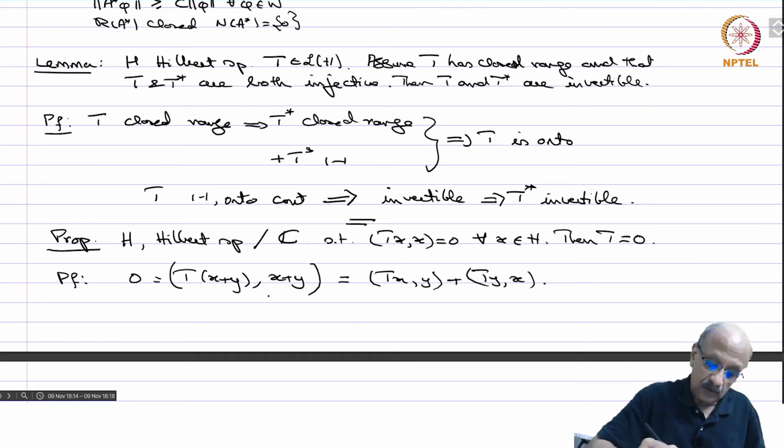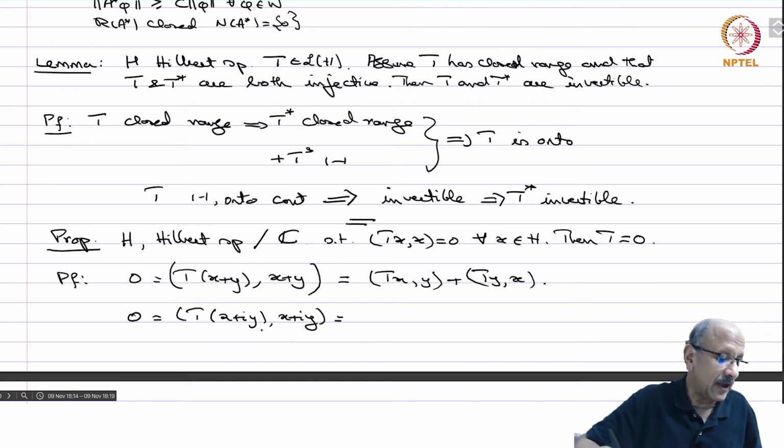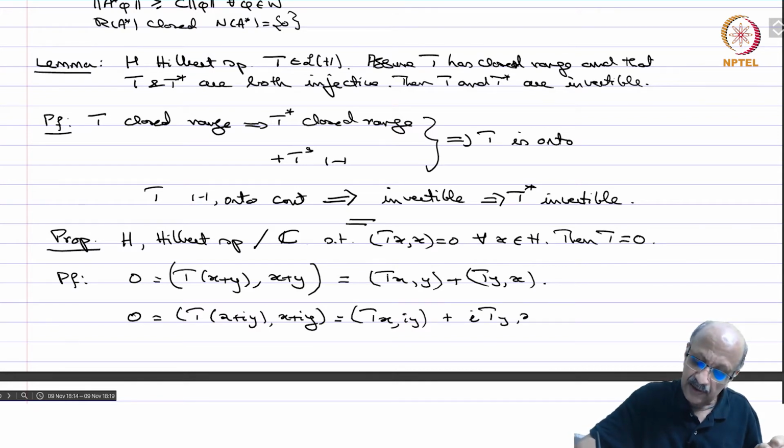Okay, now 0 is also equal to <T(x+iy), x+iy>. So again <Tx,x> is 0, i square is minus 1, therefore i will come out, then you get <Ty,y> that's equal to 0. So you get <Tx,iy> plus <Tiy,x> equal to 0.